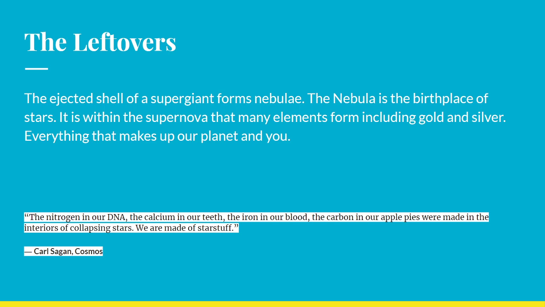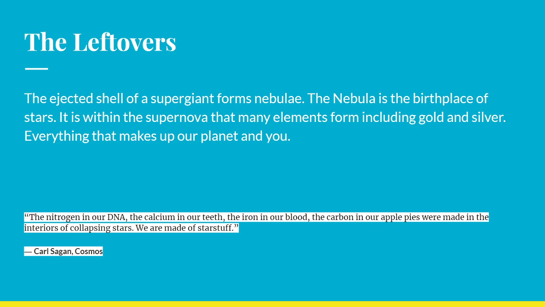The ejected shell of a supergiant actually forms a nebula. And the nebula is the birthplace of stars. Nebula is where our star formed. It's within the supernova that you get many elements. It's within the red supergiant that you get many more elements.